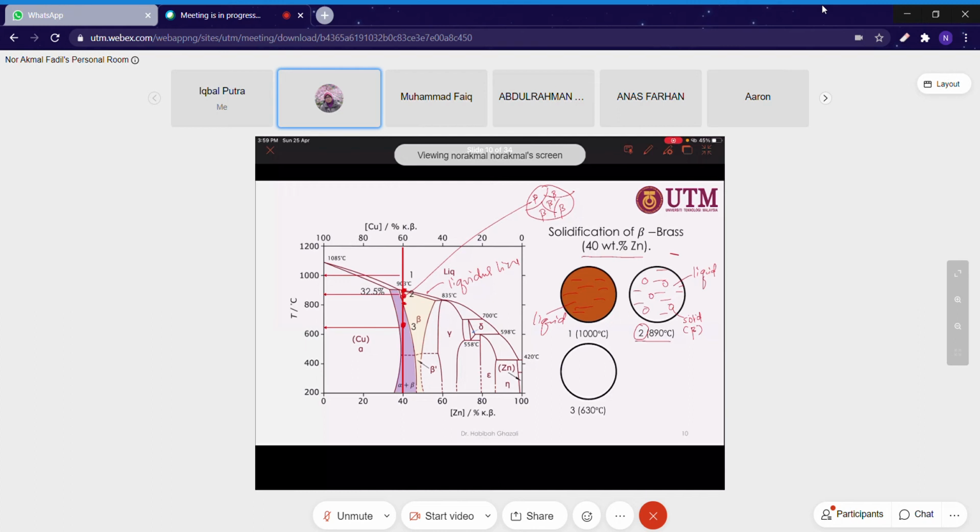At this temperature, the atoms arrange and a new phase forms. What is the new phase? Basically it will form at the grain boundary. The new phase is the alpha, and this is beta.